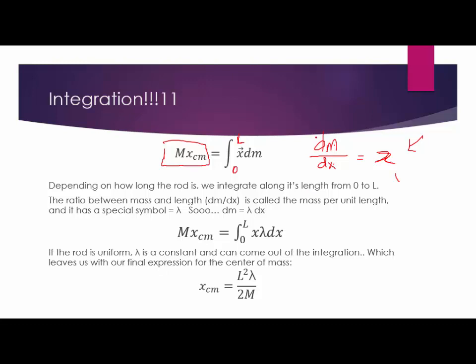So if we take this idea that mass per unit length is equal to lambda, then lambda dx, or the mass per unit length times the length that we're looking at, will give us the mass for that particular chunk of the rod that we care about.